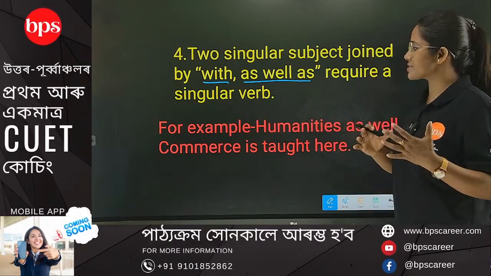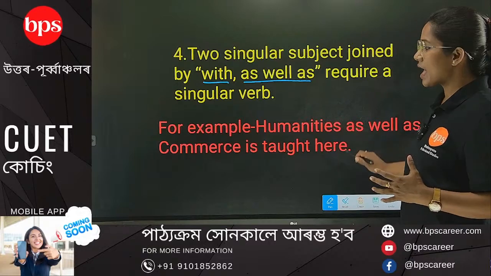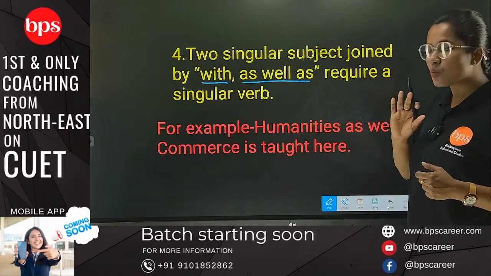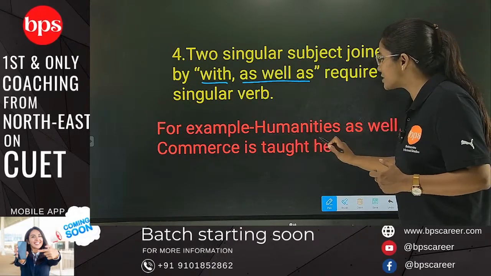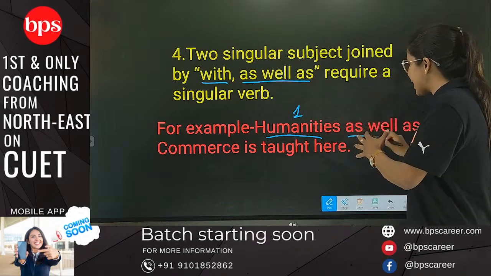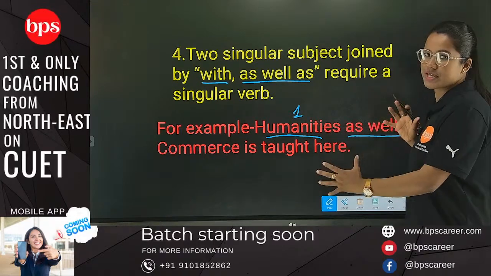For example, the sentence is: "Humanities as well as commerce is taught here." So what is referred to here? Humanities is something singular, and "as well as" refers to joining the sentence.